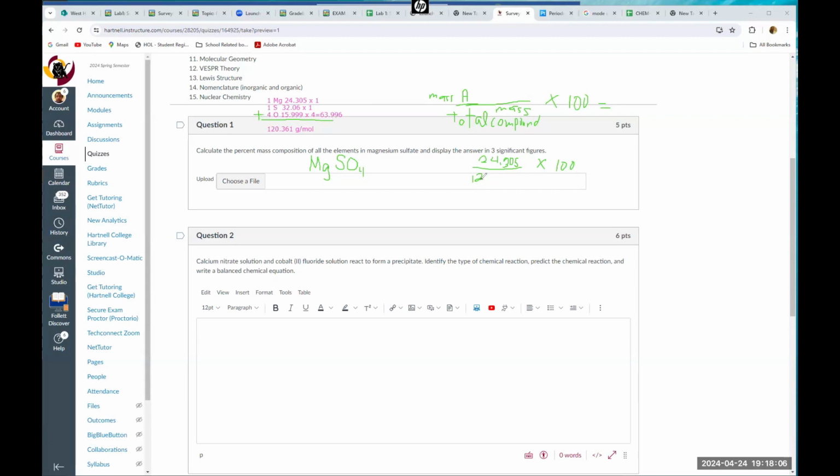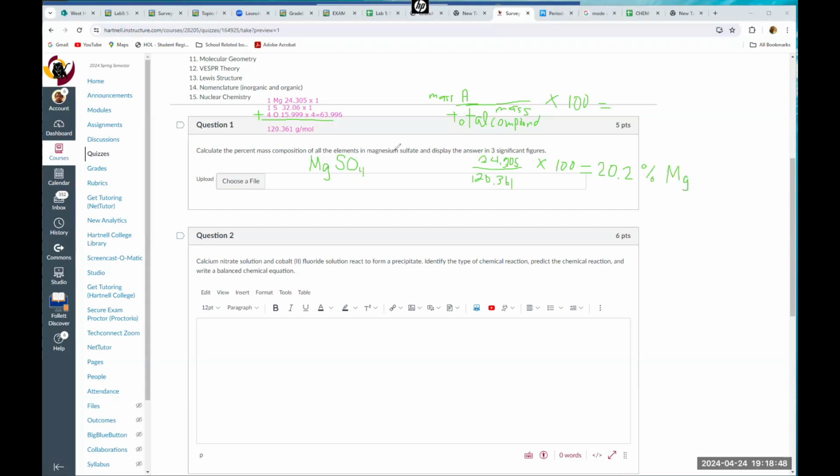Okay, so we do that math. Okay, and that's for magnesium.